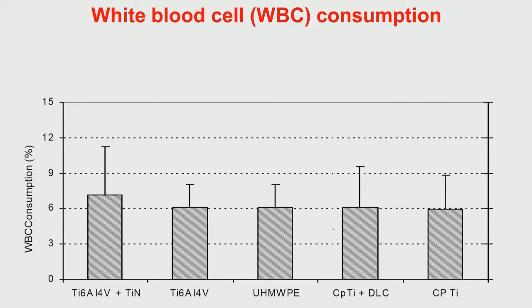Now, as far as the white blood cell consumption is concerned, this WBC consumption, and here again with respect to titanium 6, aluminum 4, vanadium, people have done with the titanium nitride coating, the white blood cell consumption, there is not much significant difference in terms of diamond like carbon coating as well as the titanium nitride coating with respect to their uncoated substrate.